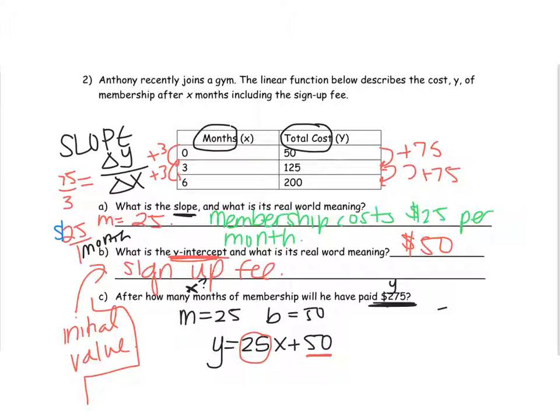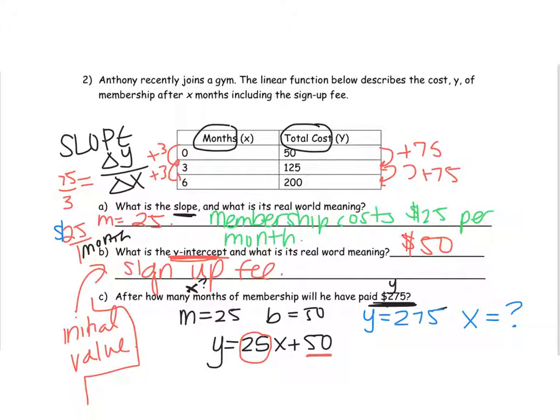Now, we're looking for how many months of membership will he have paid $275. So we're going to say that in this case, we know that total cost is Y. We know that that is $275. So we want to know after how many months, X, how many months of membership will he have paid $275.